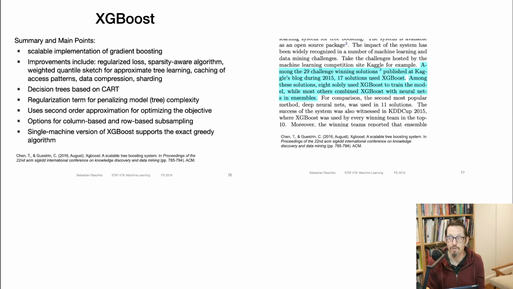Now the implementations of gradient boosting, XGBoost got quite famous in the mid-2010s because basically every Kaggle prize worth millions of dollars was given to somebody who used a form of XGBoost. So it's a pretty good implementation. I've used it a couple of times myself.